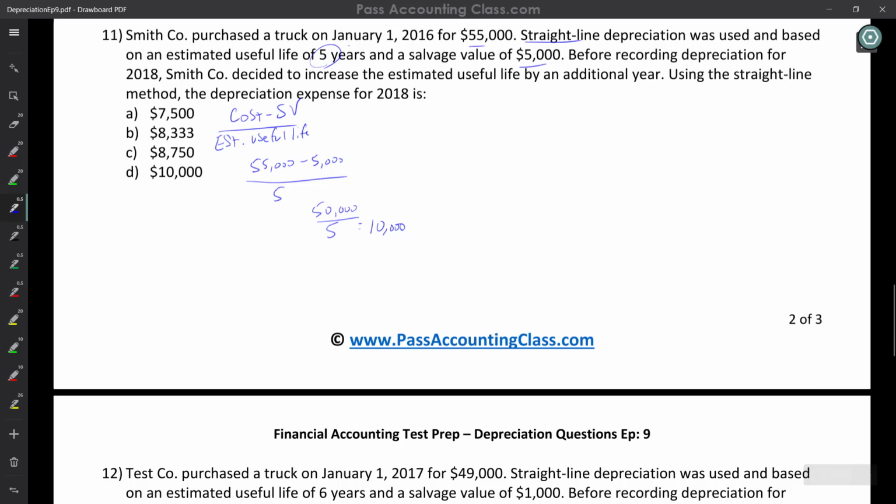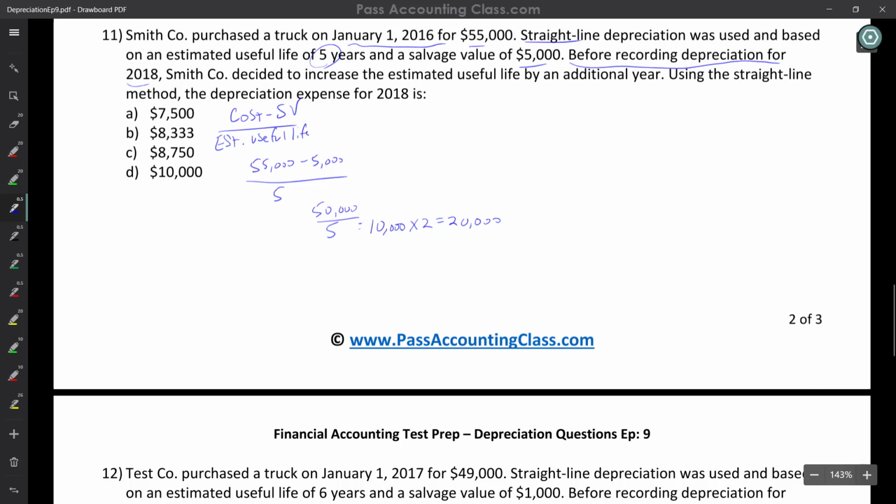So we started at the beginning of 2016, and then it says before recording the depreciation for 2018. So that means that the last time we recorded depreciation was for 2017. So we have 2016 and 2017. So that's 2 years. So we'll multiply our depreciation expense of 10,000 by 2 years, and that gives us 20,000.